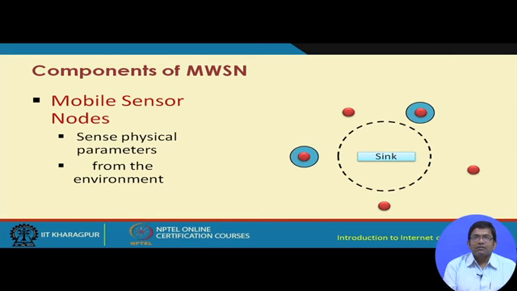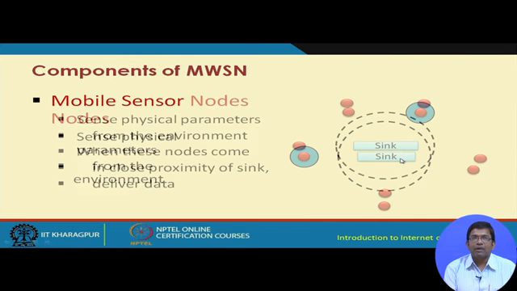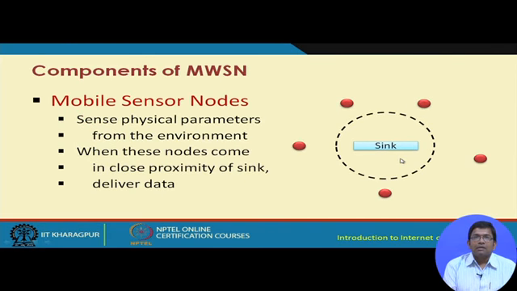These mobile sensor nodes would be sensing some physical parameters from the environment, like the way it is shown over here. This red color node is sensing some physical parameter around the environment. When these nodes come in close proximity of the sink, they would deliver the data as shown.